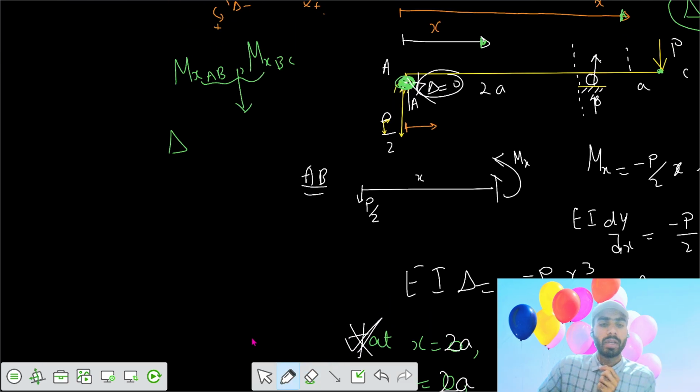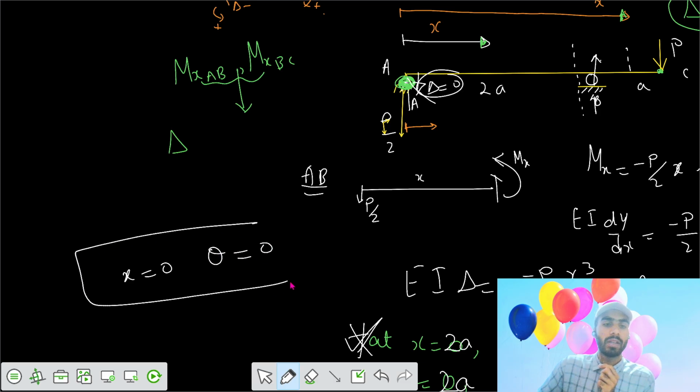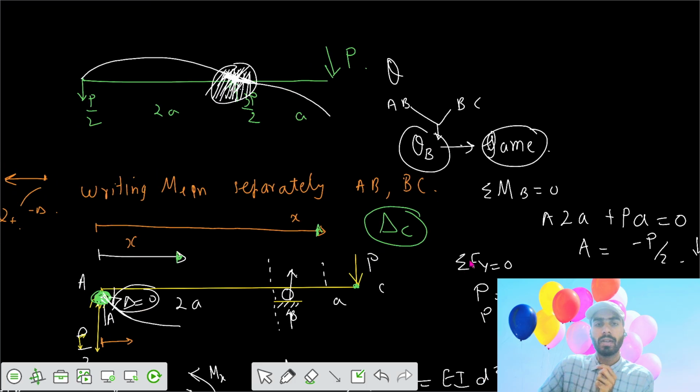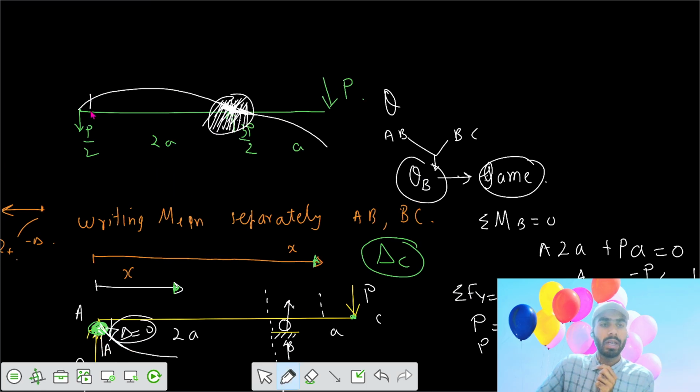At x equals 0 there is some deflection. Let's say I have shown you the deflected curve. At x equals 0 there is no deflection, there is theta, but deflection here is 0. Similarly here at support B there is some theta that's not 0, but the deflection here is 0.